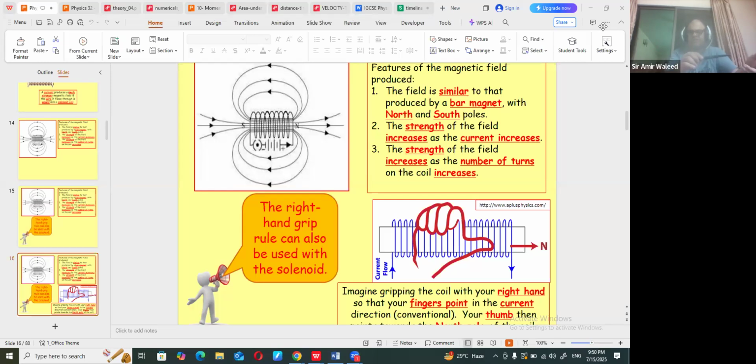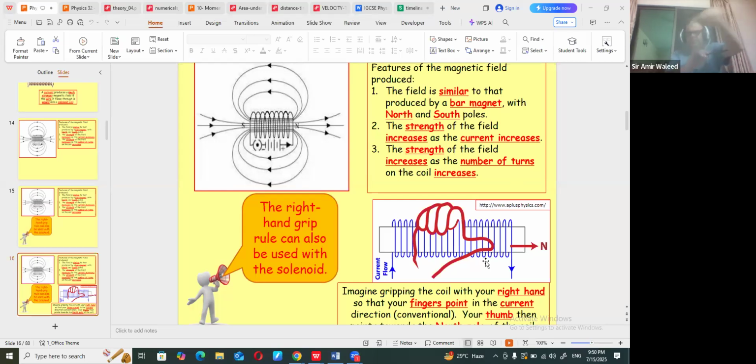If the direction will be like this, for example, then in this direction will be the north and this direction will be the south. So technically, the finger curling will tell you everything. In the downward case, if you see here, the current is going this way. That is a direction. My hand will go this way.